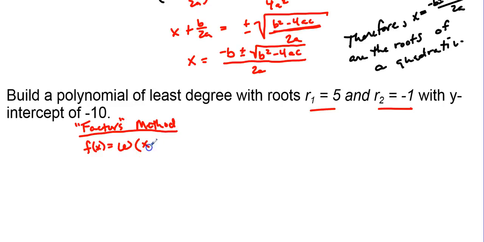So we're going to write this. Remember, our factors are opposite the roots. So we're going to write this just like this, and then we can plug in our point. The y-intercept has coordinates 0, negative 10. So negative 10 equals our coefficient times the factors, and we're going to plug in a 0.